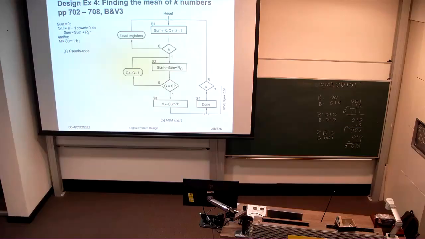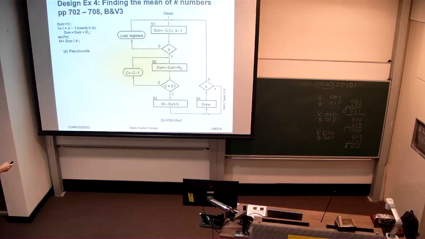All right? So the pseudocode for this is fairly straightforward. We're assuming that a bunch of k registers has been loaded with values. They get accumulated in this first for loop here, and then we perform the division by k in order to determine what the mean value is.